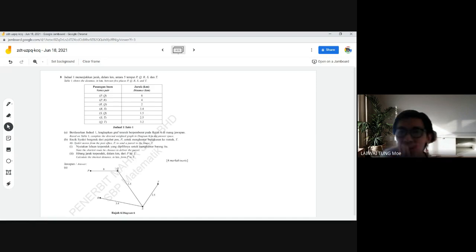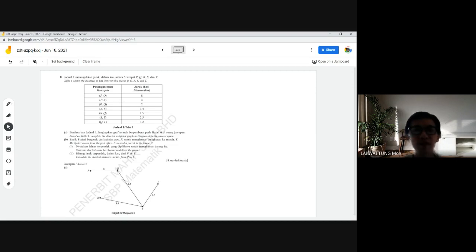Directed means it has direction. So when you want to draw a directed graph, you should put your arrow. Even though you look at the answer and it doesn't have one, that is because this answer is not completed yet. So if you want to complete this graph, you need to put the numbers, the weights, I mean the distance, and then also you have to put the arrow.